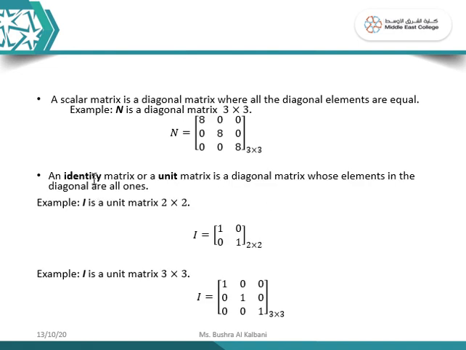Here is the identity matrix, also called the unit matrix. First, it should be a square matrix, and the diagonal is equal to 1. When all the elements on the diagonal are equal to 1, we call it an identity matrix.